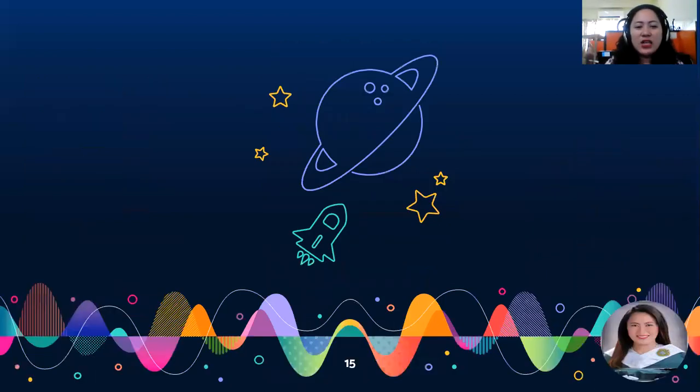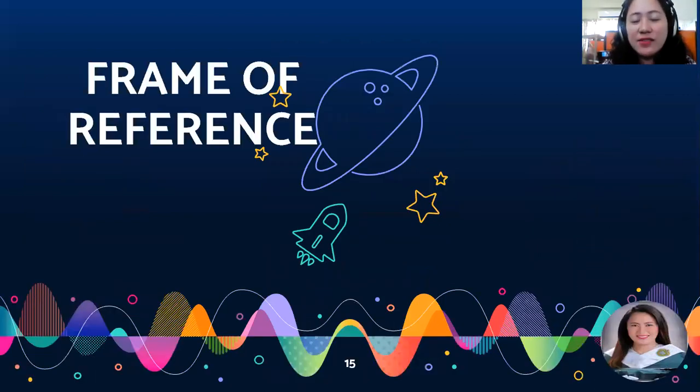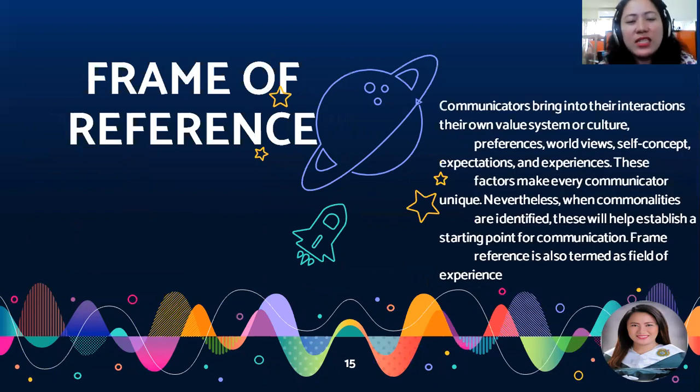Okay, next, last, this is the frame of reference. This is quite part of the context because it refers to the field of experience of someone, because the choice of words will depend on the field of experience of the communicators. These are called language registers.